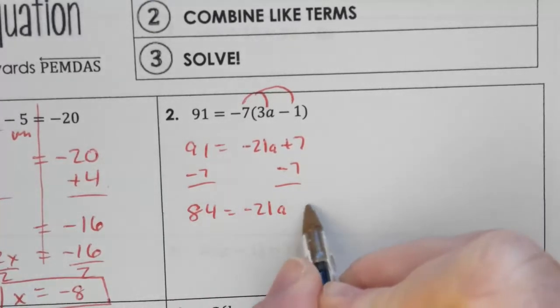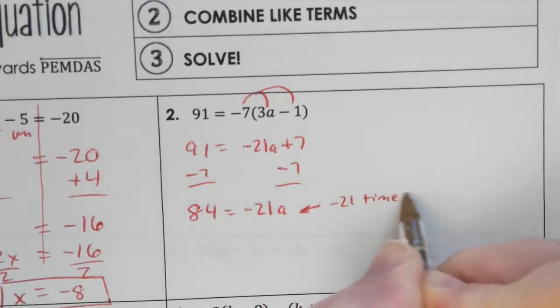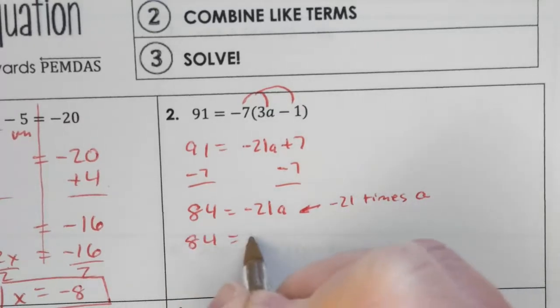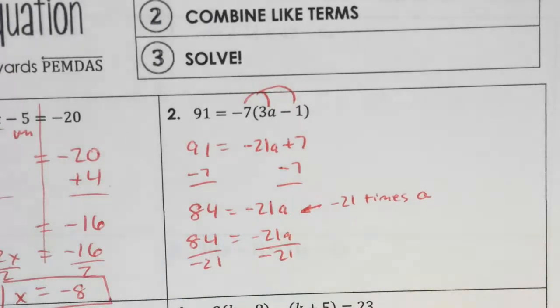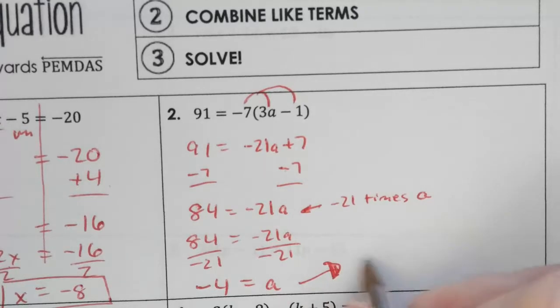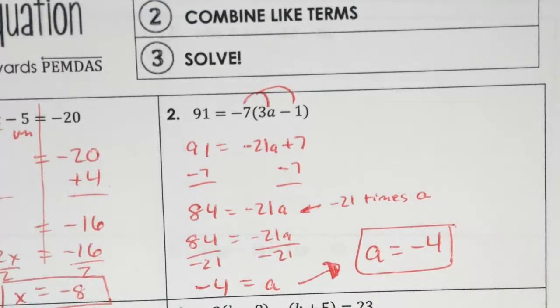What it says is negative 21 times a. So to get rid of it, we're going to divide both sides by negative 21. 84 divided by negative 21, we would get negative 4 is equal to a, which a better way to write is a equals negative 4. And that is our answer.